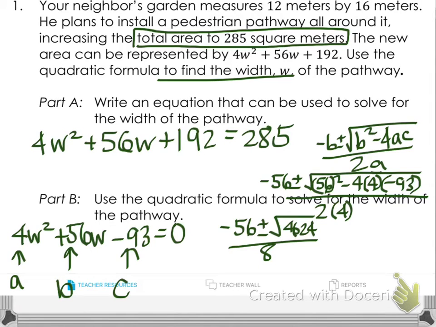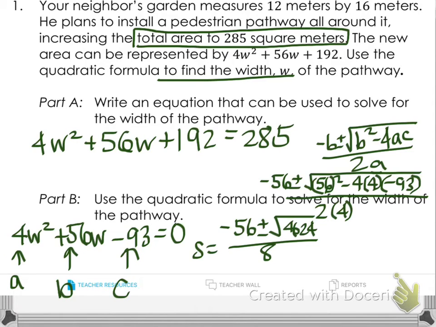As we take a look here again, we're looking at taking the square root of 4,624. If we were to do that, would we need to solve the one with the negative? No, but before we can even answer that question, let's continue this on.